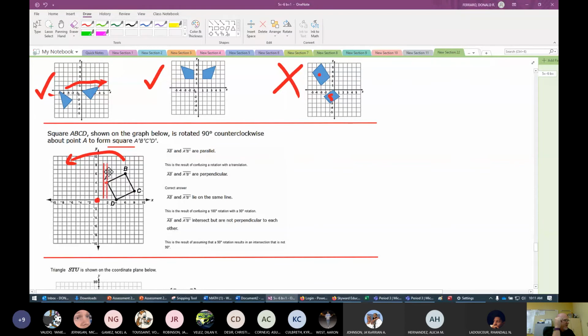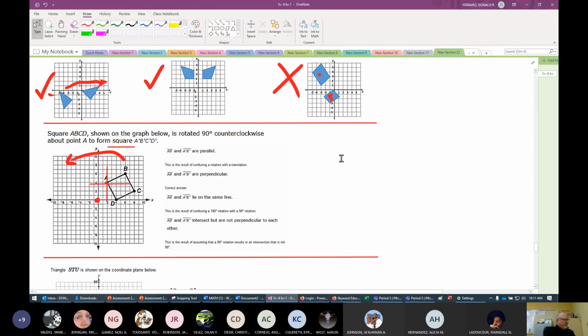I have to adjust my mouse. So we're rotating around A.